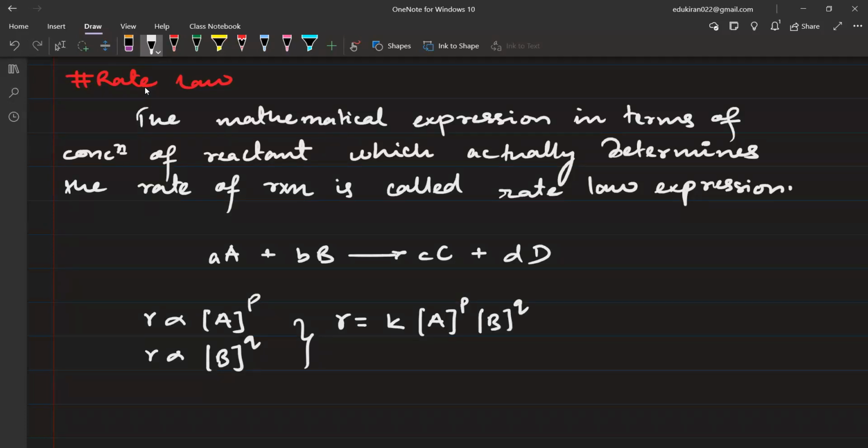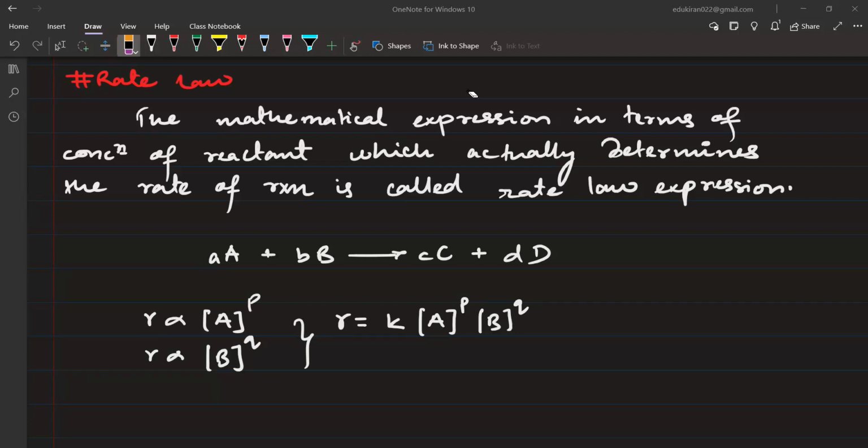Earlier, when chemical kinetics was first being studied, it was seen that for some elementary reactions, not very complex ones, p and q were equal to the stoichiometric coefficients. But it is not true for all reactions. It is true for only a few reactions.